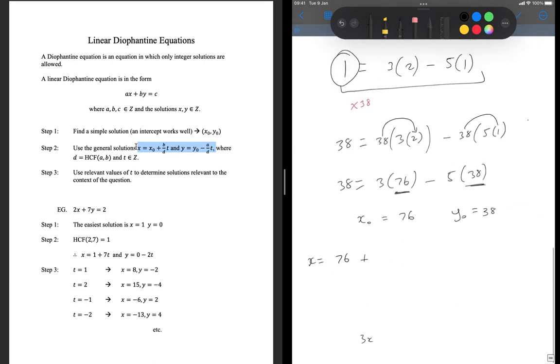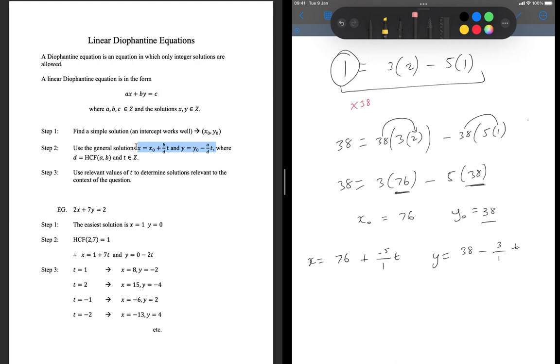So 3x take 5y equals 38. So b is negative 5. And then the common factor was 1. And then y is our y0, 38, minus a, which was our original coefficient of x, so 3 over the common factor of 1, t.